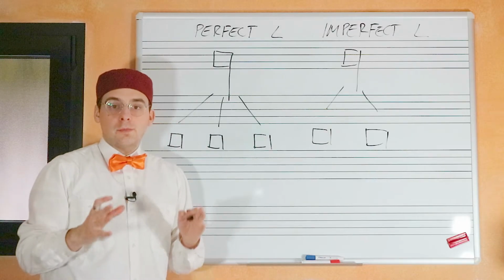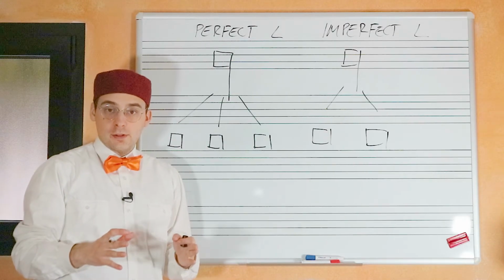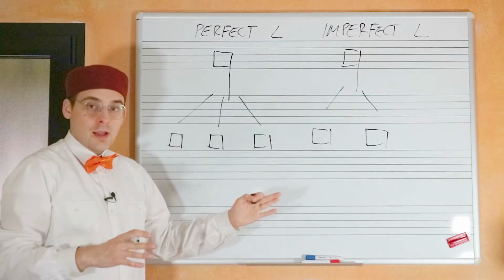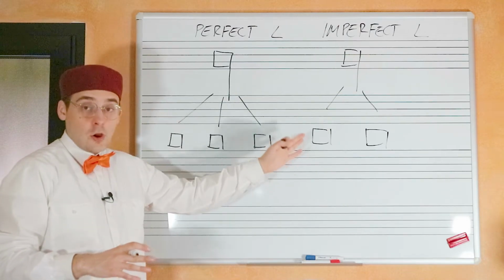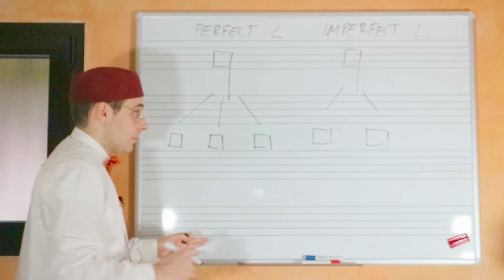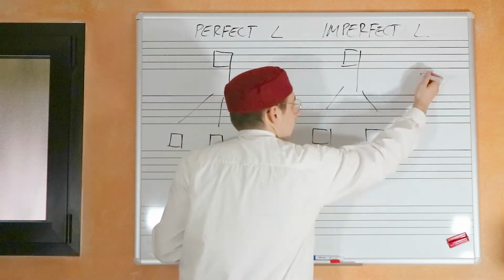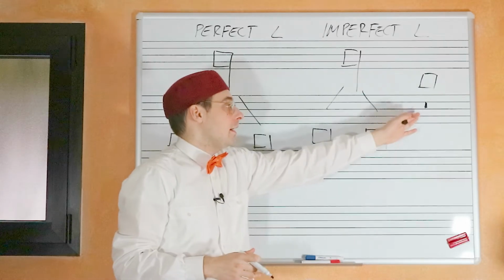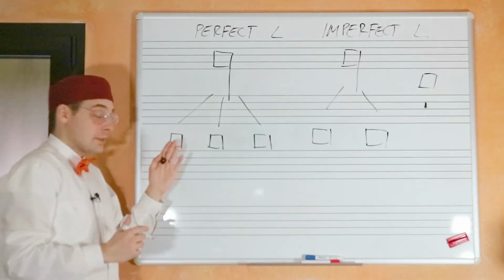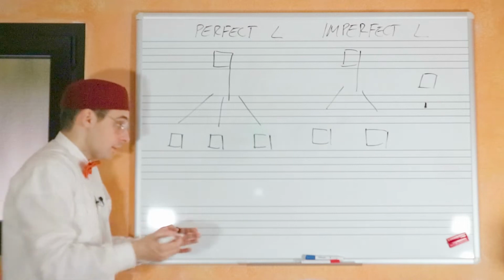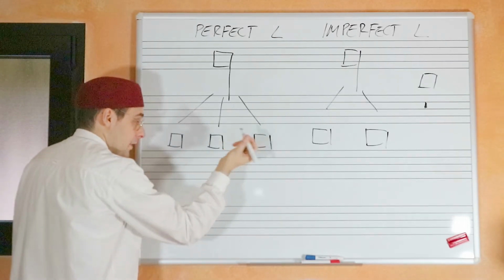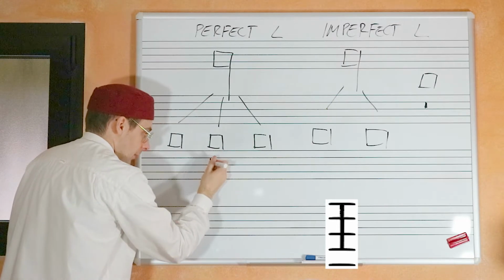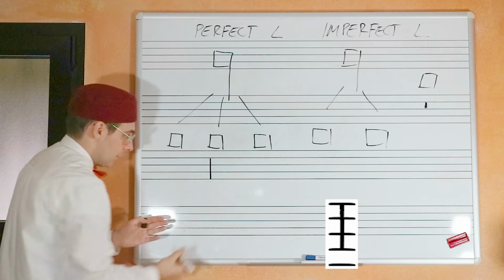Before, when I explained all the rests of the smaller degree, I showed you the rest of the brevis. The rest of the brevis is that. It is a vertical line that occupies only one space. If I have a perfect longa, the relative rest is a line of 3 brevis.